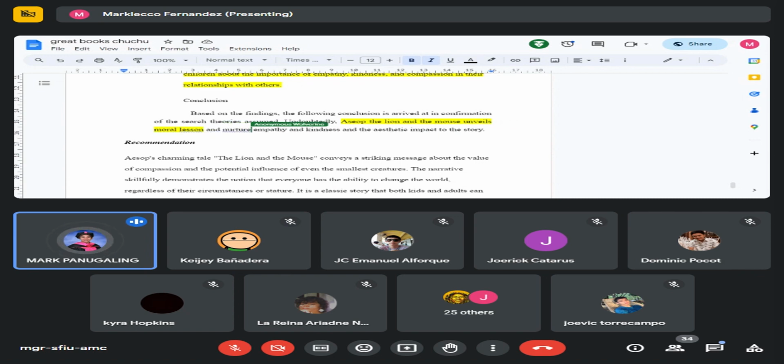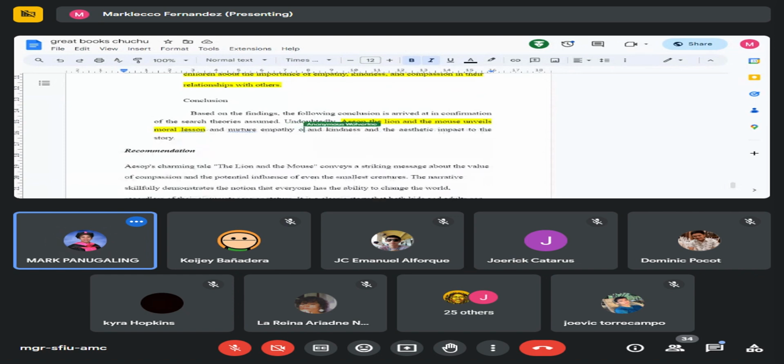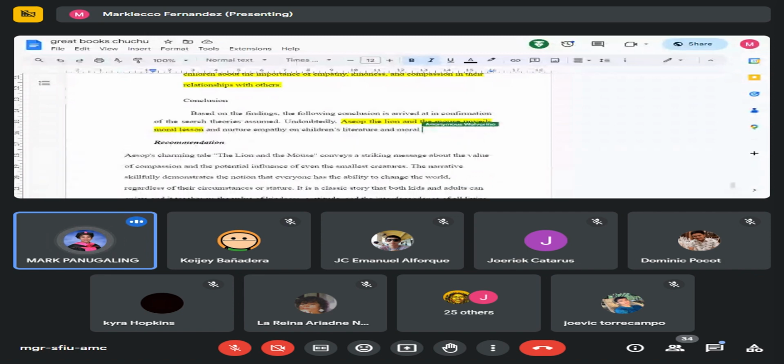Your title is manifested in your conclusion to make it valid, and nurtures empathy on children's literature and moral development. And remove the kindness and aesthetic impact of the story, that's not in your title. So it will make your title weak in case you put other notions there.